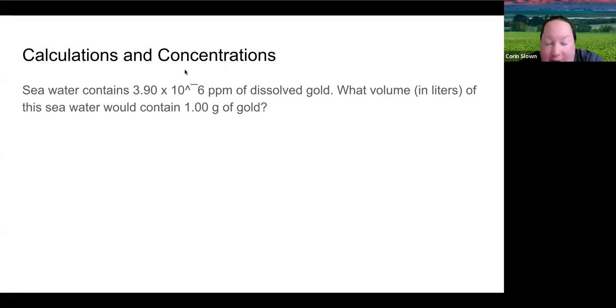So a good way to think about that is, that means there is 3.9 times 10 to the negative 6 grams per 1 million, 1,000,000 grams of seawater.